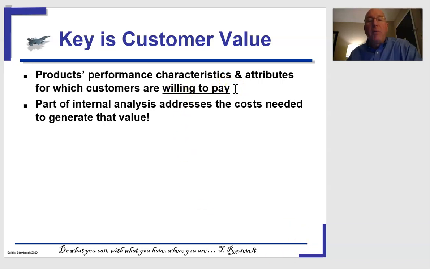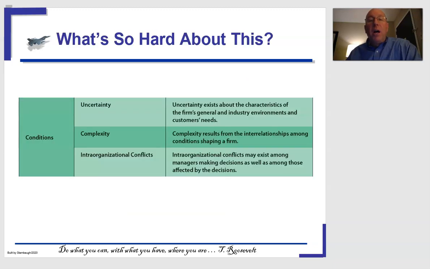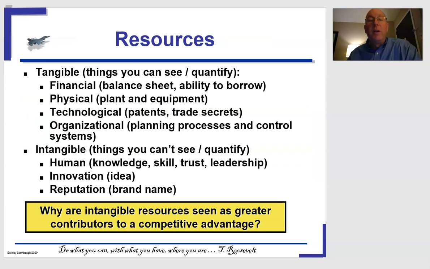I should have probably, but the idea of characteristics and attributes willing to pay is so important that when you understand that, it's going to help you get other questions correct. I spent a lot of time talking about uncertainty and complexity. Make sure you understand those, and make sure you also understand that people sometimes have cognitive biases that lead them to make bad decisions, particularly in the case of uncertainty and complexity.